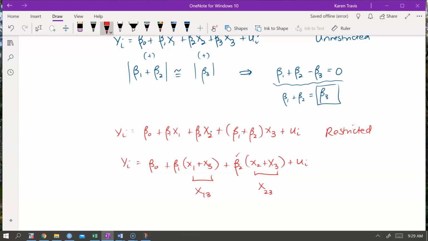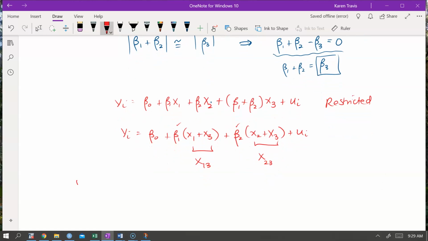I've estimated one fewer coefficient, and now I have a restricted model and an unrestricted model, and I can use an f-test just like I did in my video on joint significance.